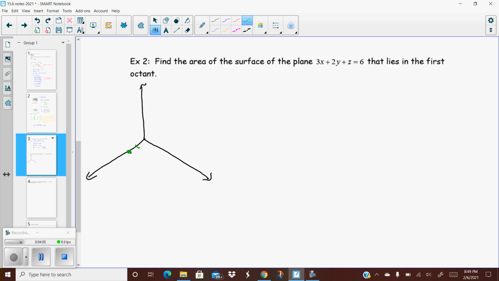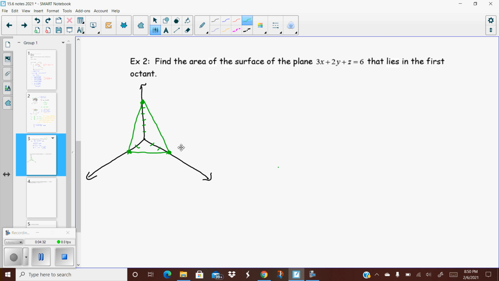The y-intercept is when x and z are 0, so 2y equals 6 or y equals 3. And the z-intercept is when x and y are 0, so z equals 6. So we are talking about the surface area of this plane right here.